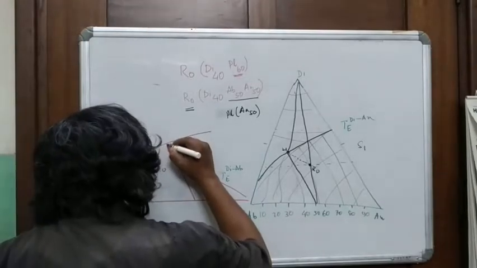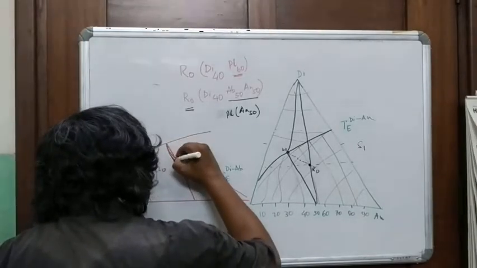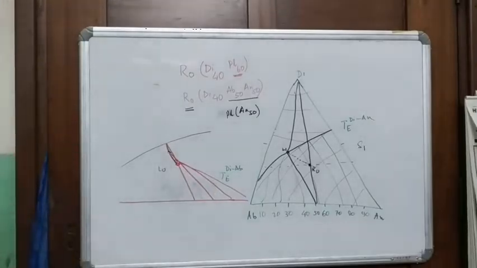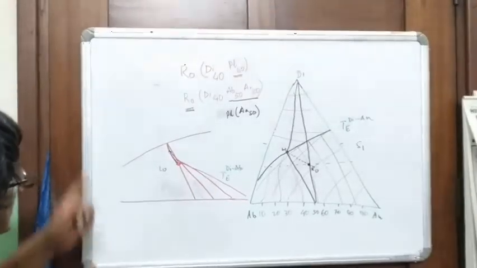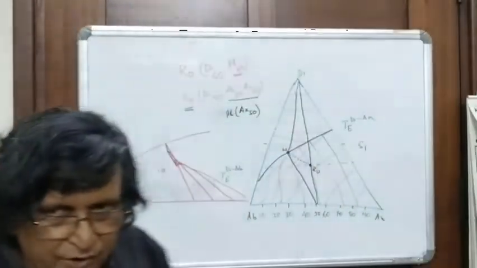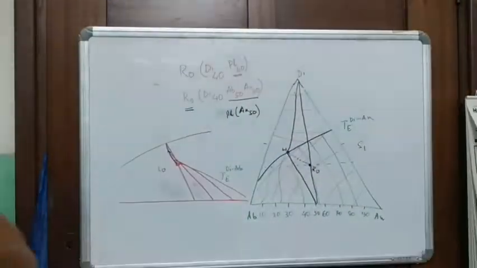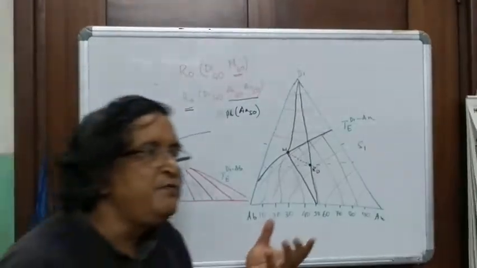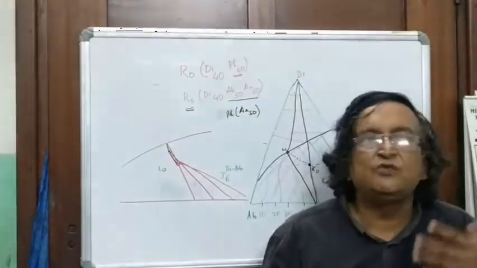This was the path that was followed by the liquid during crystallization. Right? Now we are talking of melting. So you can imagine that the whole process would be a reverse. What do you mean when I say the whole process would be reverse?